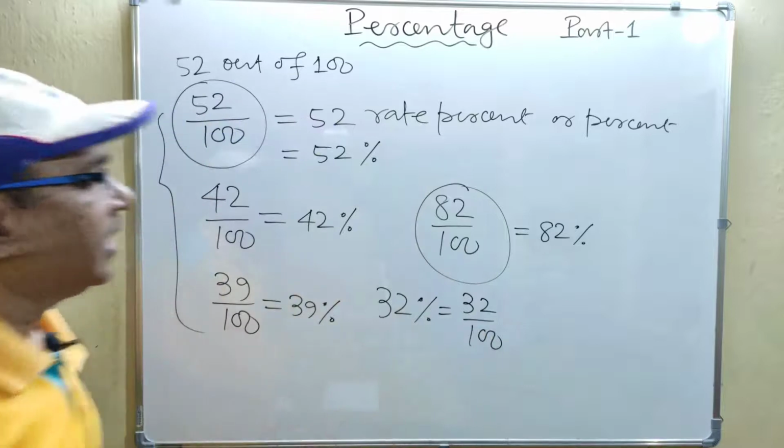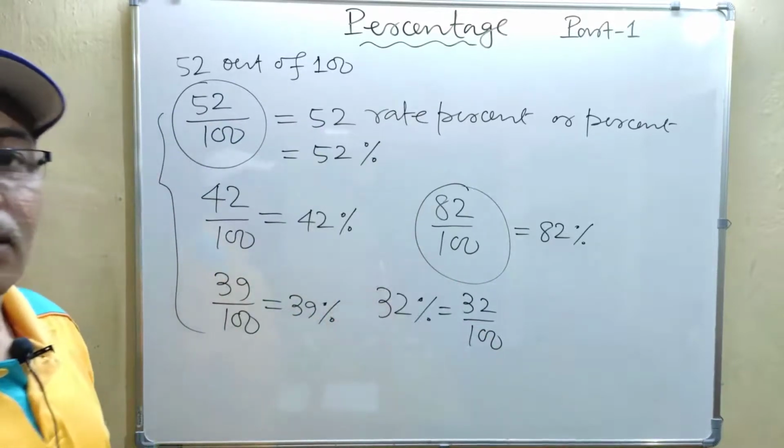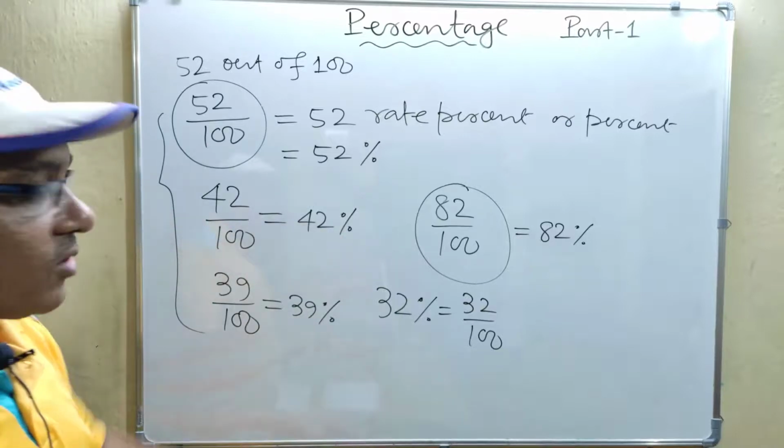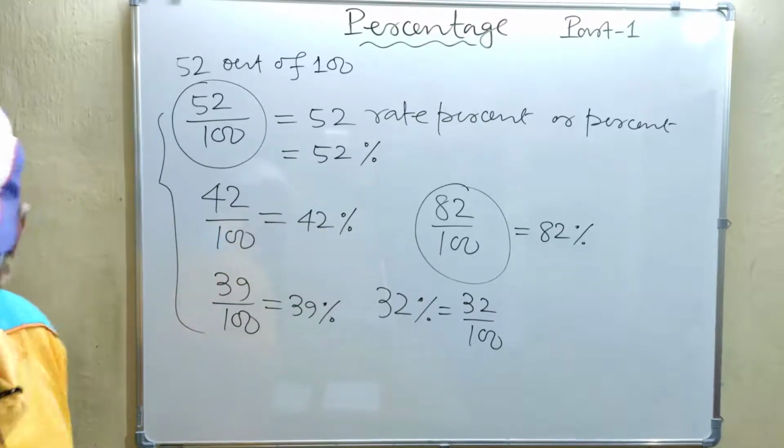So in this way any percentage can be converted into fraction, and fraction can also be converted into percentage if its denominator is 100.